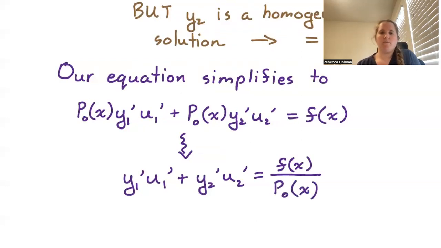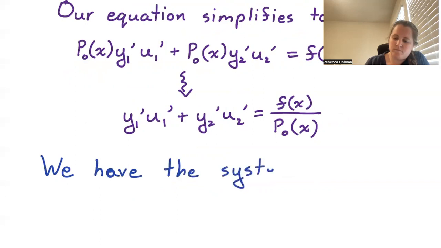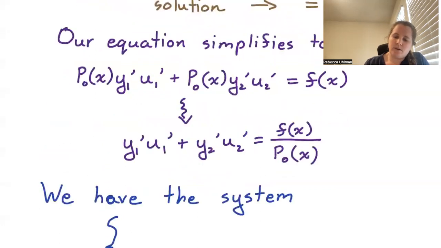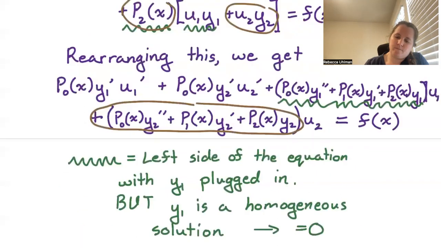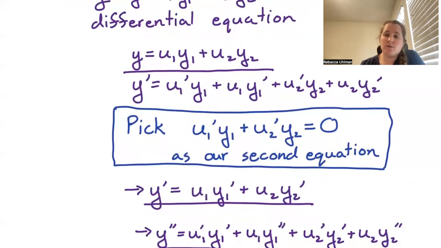So at this point, we have the system. We had the equation we assumed originally, that u1 prime times y1 plus u2 prime times y2 was equal to 0.